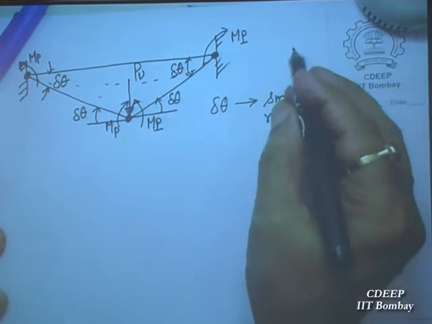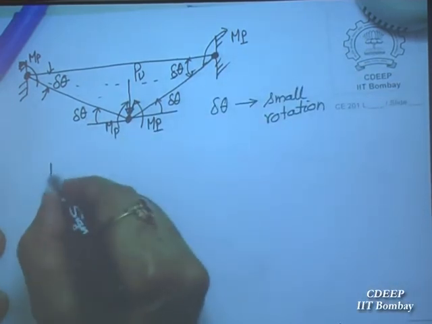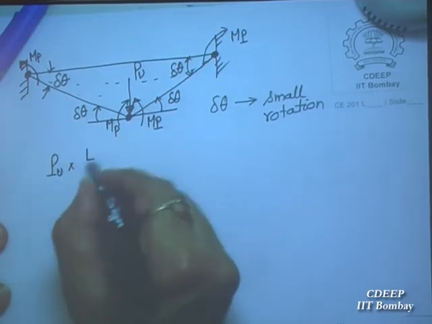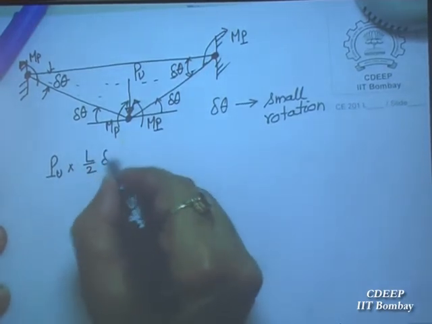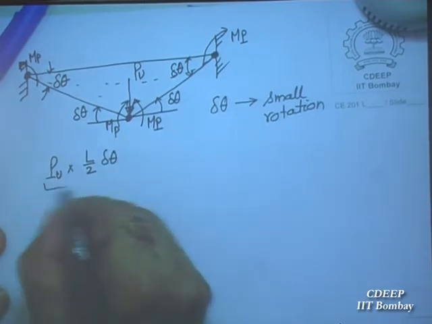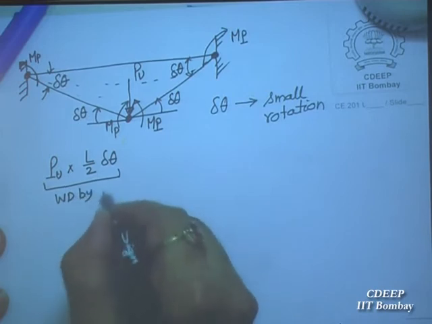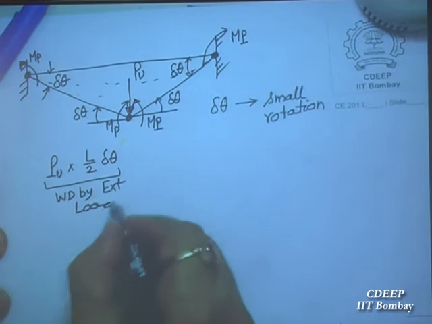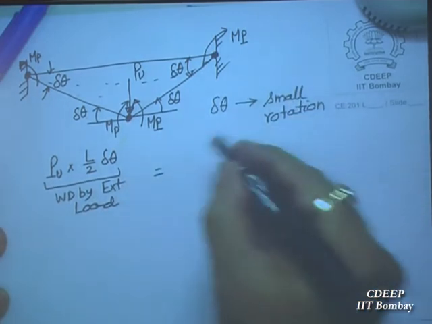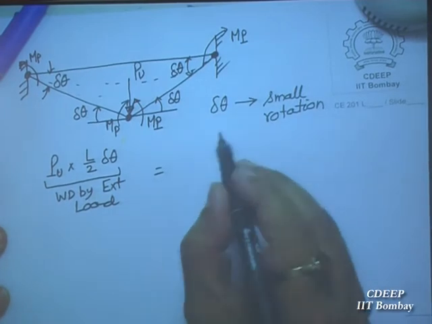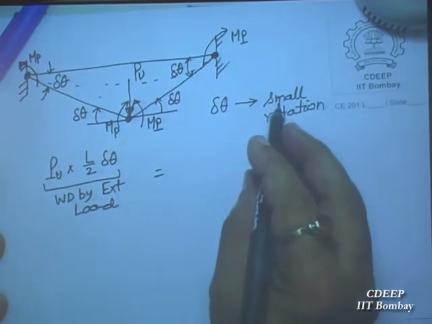So you have work done by external load equal to Pu into L by 2 into delta theta. This is the work done by external load. And the work done by internal load will be how many MPs? 4.